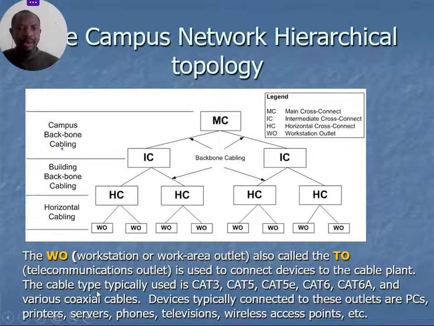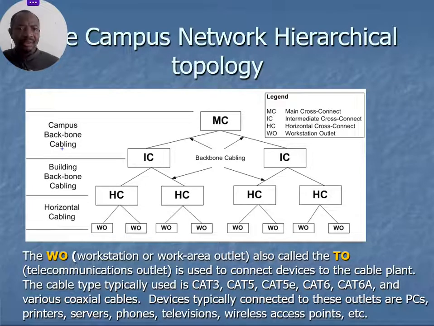What are the devices you connect to all these outlets? Your PCs, your printers, your servers, your phones, your televisions, your wireless access points. Remember, televisions are no longer just televisions, they are smart televisions now. They also connect to networks. Nowadays you can use them to watch Netflix.